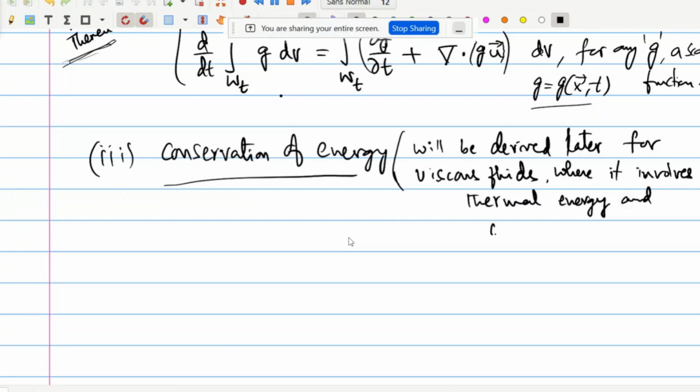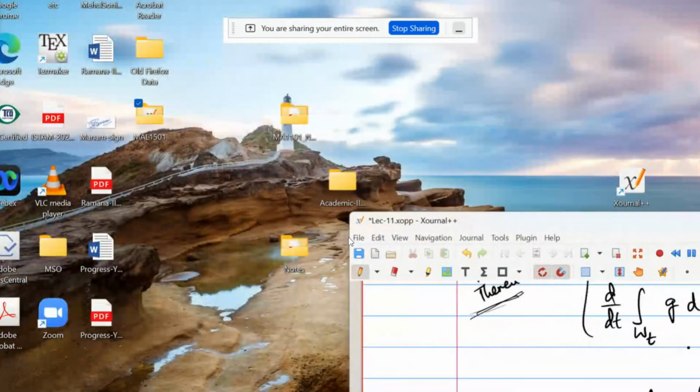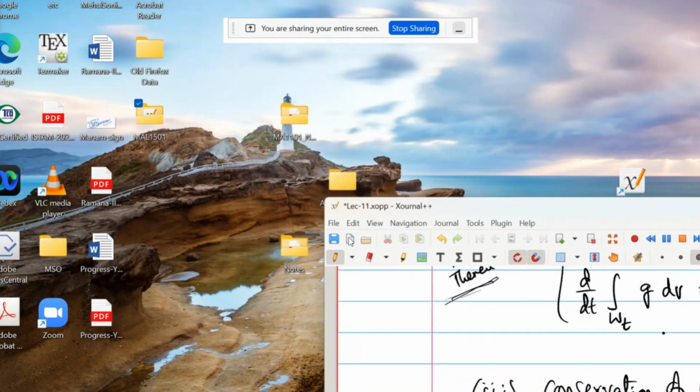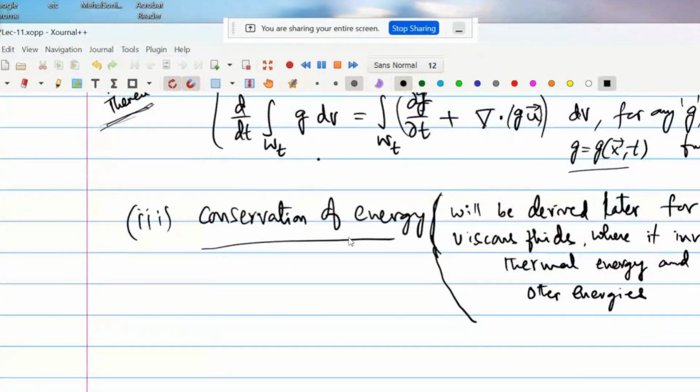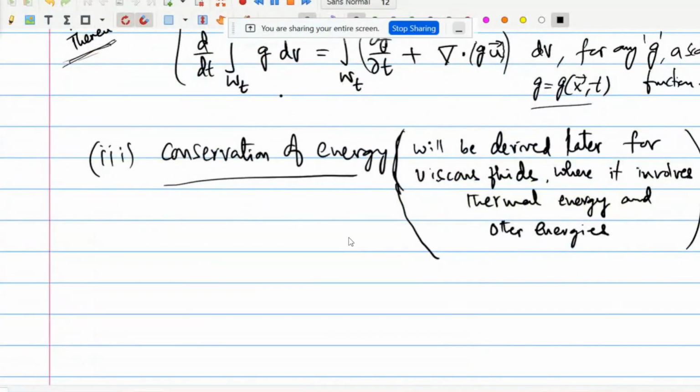What other energies are possible? Like a magnetic field or other things. But right now, I'm writing it here.